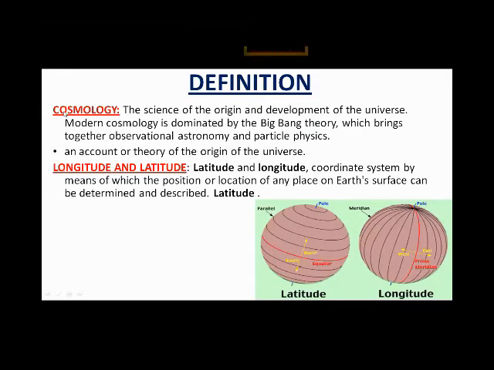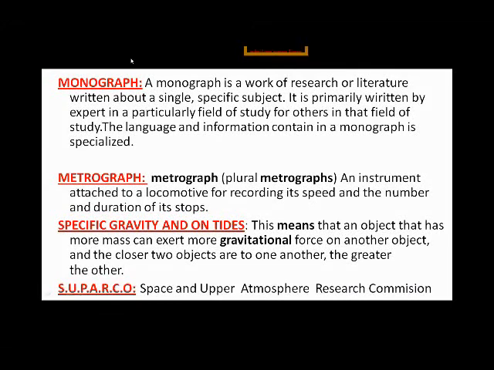Understand? Now, next we also learn about the monograph in the Muslim scientists, metrograph, specific gravity, and tides. So, what does monograph mean? A monograph is a work of research or literature written about a single specific subject.